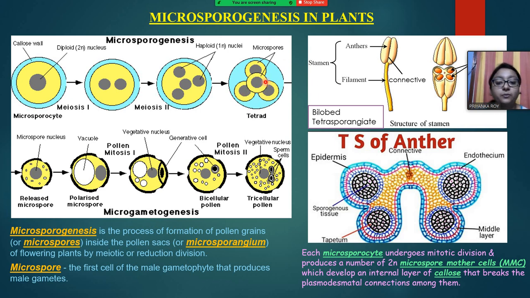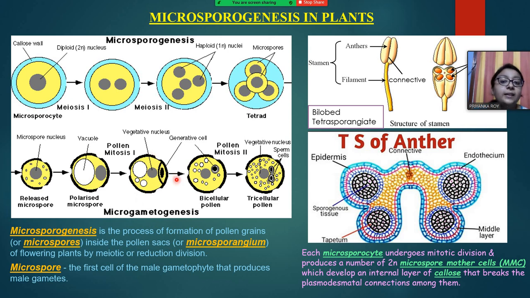of the male gametophyte. Here you can see a released microspore. It has two outer coverings: one which is discontinuous and thick, known as exine, and the thinner, continuous inner one, known as intine. After undergoing mitosis, the microspore forms two cells, the larger vegetative cell and the smaller generative cell.